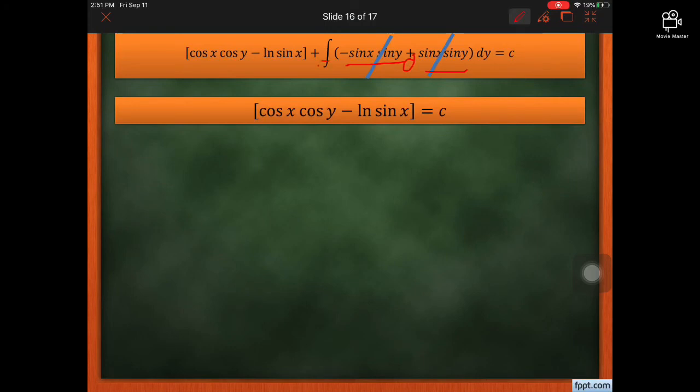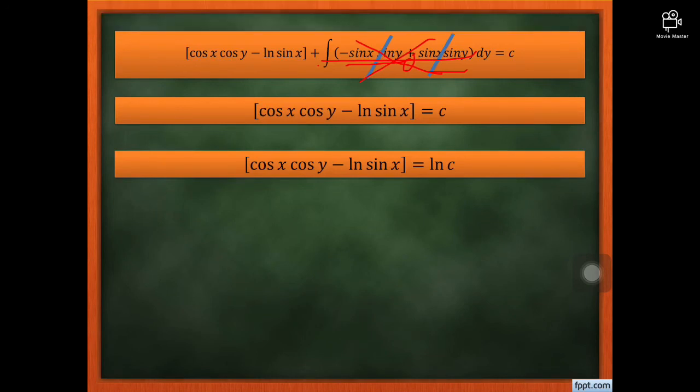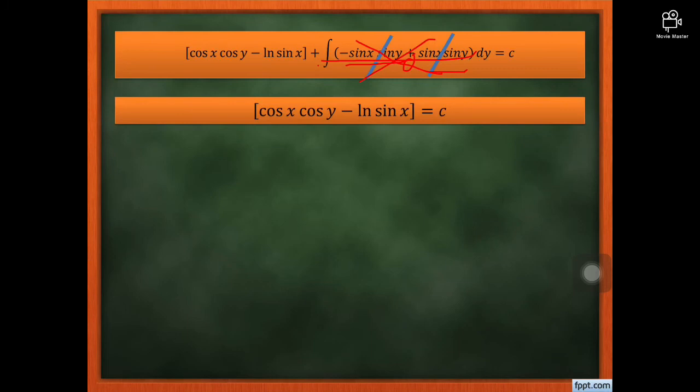So you just cancel this out, and that gives you sine x cosine y minus ln sine x is equal to c.